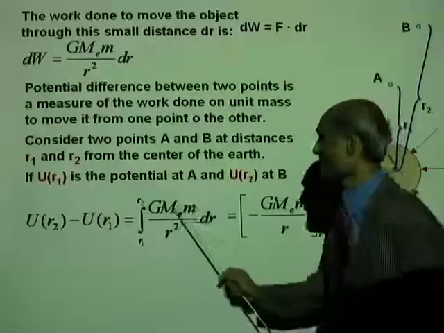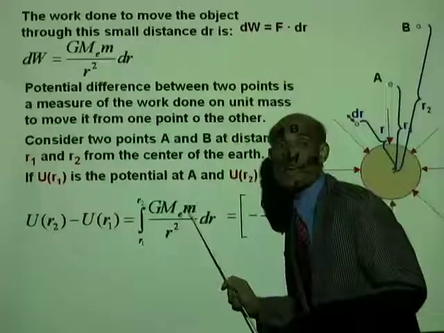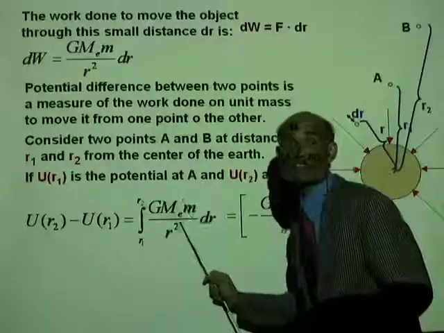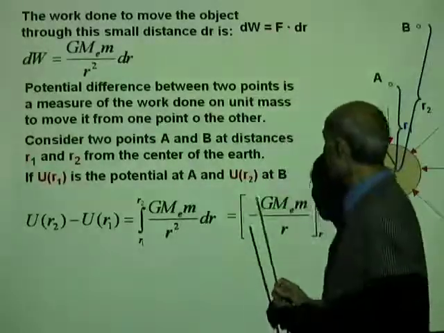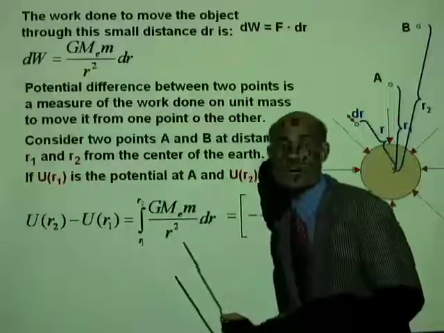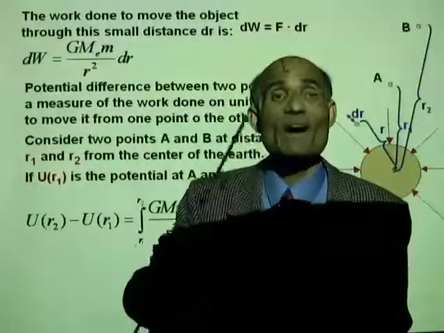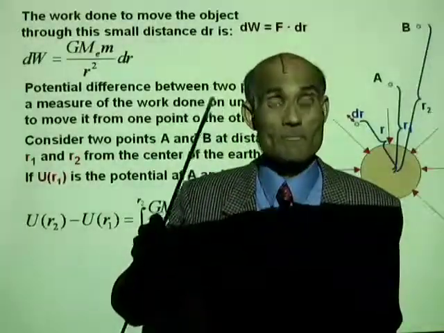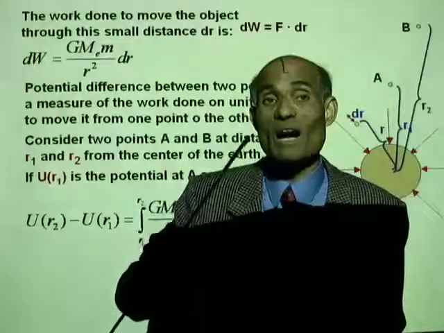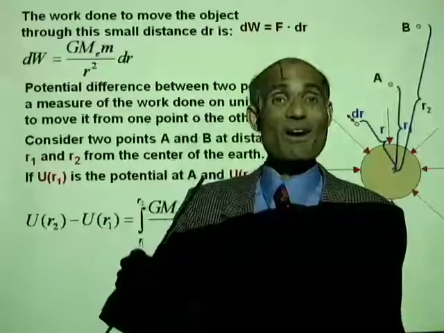Okay, can you integrate this? If you notice, G, M_E, m, they are all constants. And so you need only integrate 1 over r squared dr. Do you know the integral of 1 over r squared dr? The integral of 1 over r squared dr is negative 1 over r.